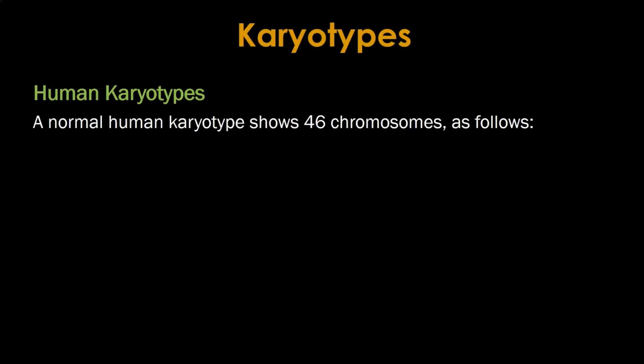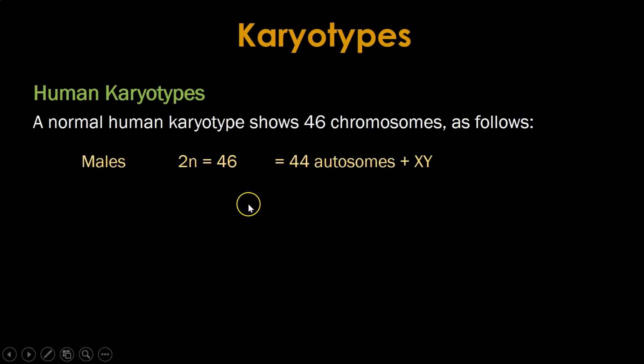Well, remember, the karyotype is a diagram. It's a photograph which is taken from a dividing cell, and the chromosomes have been split up on a screen and shifted around until they're all lined up in homologous pairs. And just as we saw on the previous page, there should be 46 chromosomes. Now, males will be 2n equals 46. That's going to be the same for everyone, with 44 autosomes.